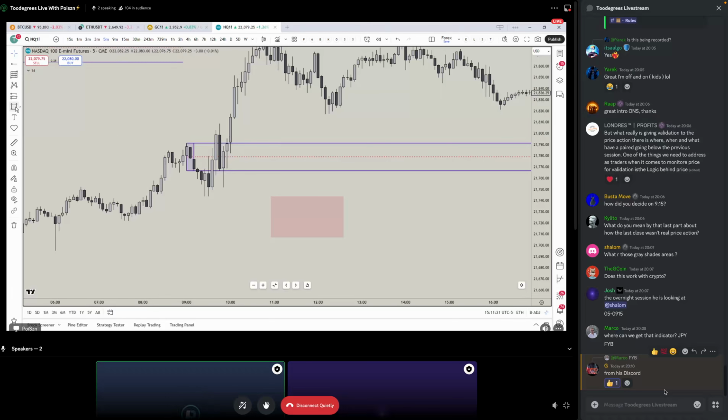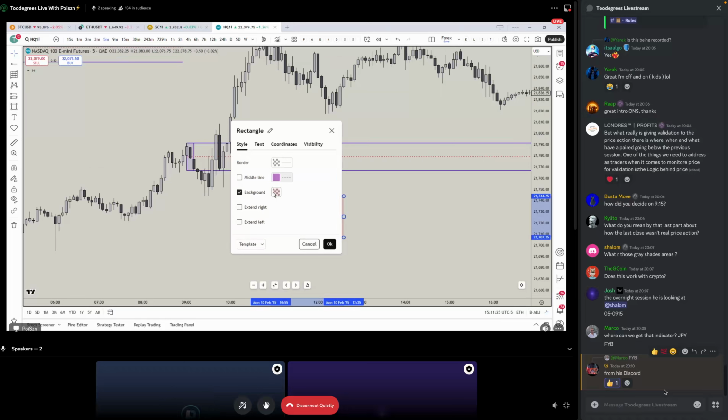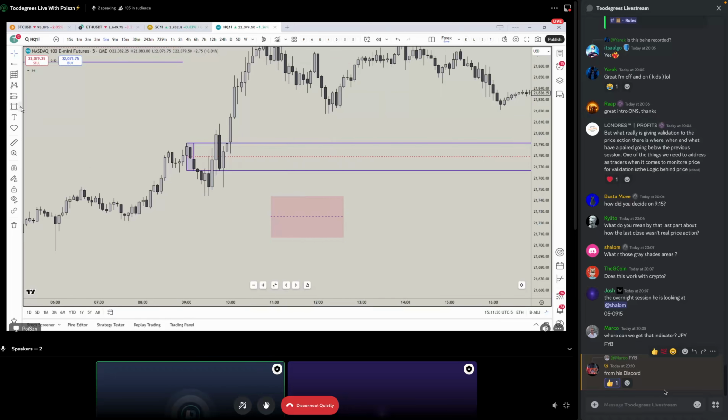Whenever there's a situation where price is running away from a consolidation or a range, then the market, like I showed you in the overnight session, would seek 50% and then continuation. So in this case, when we have a range, the ideal situation would be for a range to be generated, right?